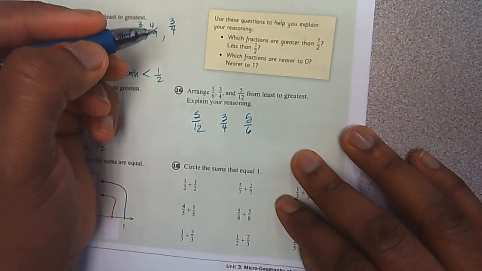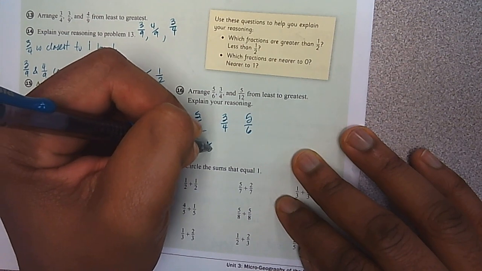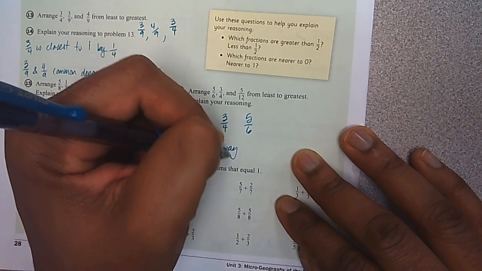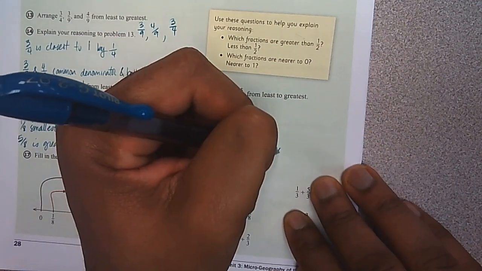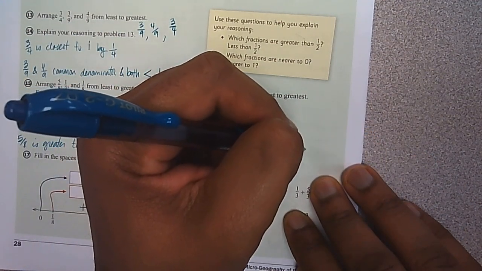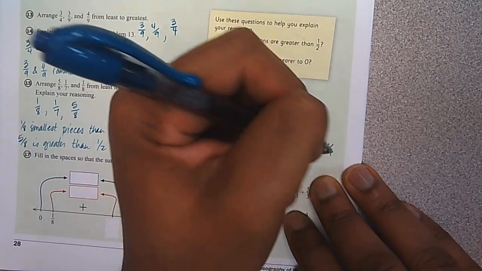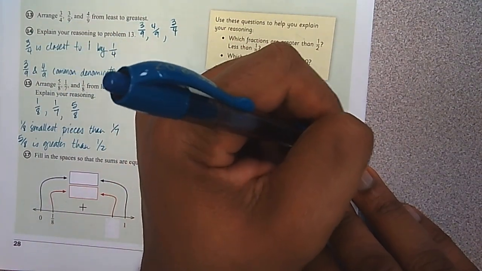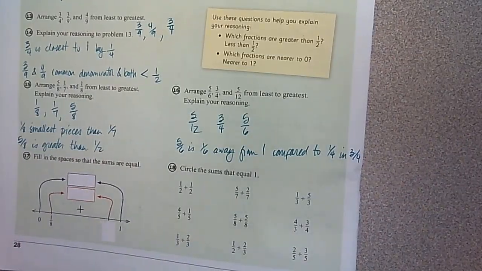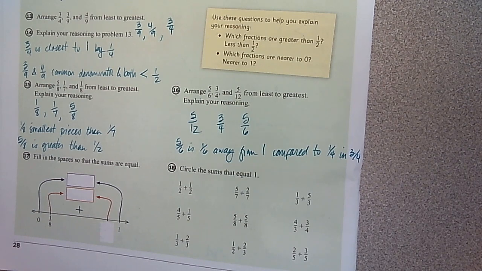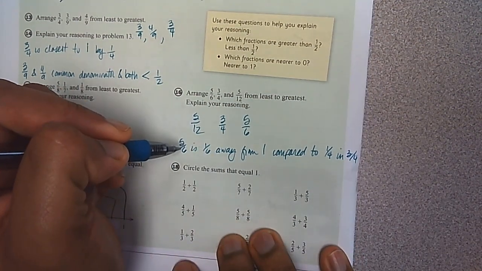So 5/6 is 1/6 away from 1 compared to 1/4 and 3/4. So this is closer to 1.